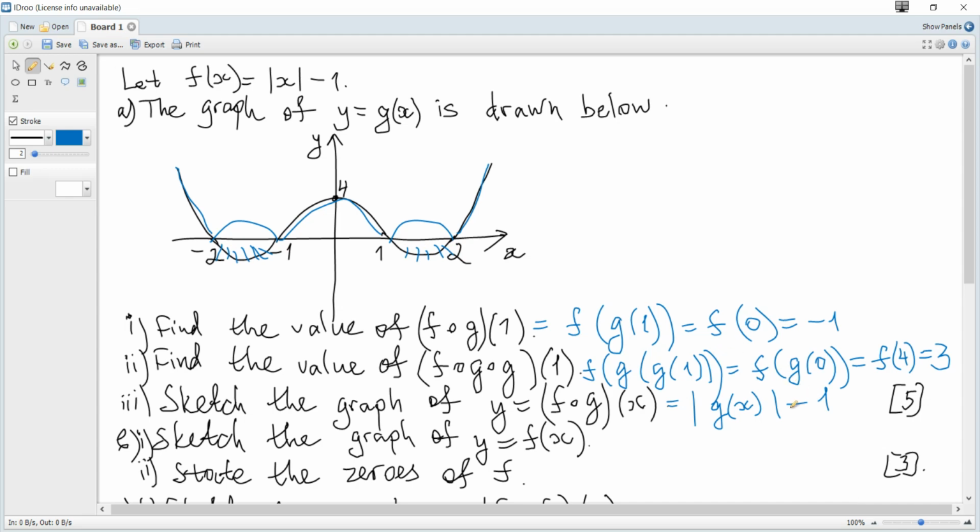And the minus 1 is a vertical translation, 1 unit downwards, hence the required graph looks like this.